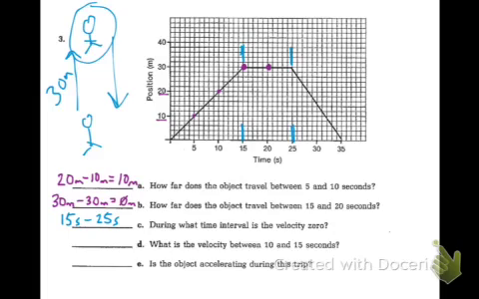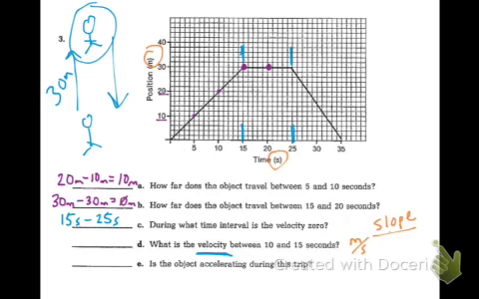So velocity. Are we doing area under the curve or are we doing slope? Looking at these particular units, we've got meters, we've got seconds. Our velocity units should be meters per second. So how do we get that? We have to take the slope. So let's go ahead and do that.